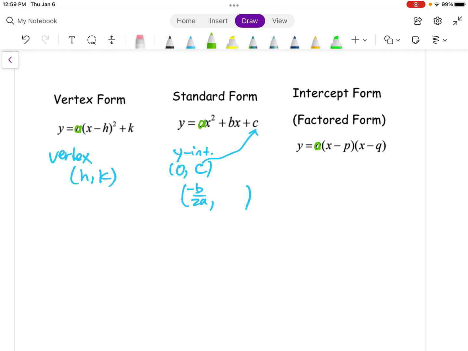It controls whether it's opening up or down and the stretch or compression. But what factored form gives us besides that is, if I take those two factors and find out what makes them equal to 0, so I go x minus p equals 0 and x minus q equals 0, I end up with (p, 0) and (q, 0) as my two x-intercepts.